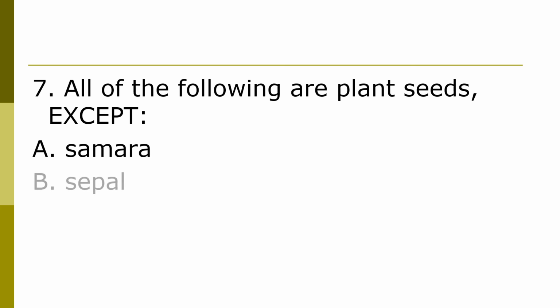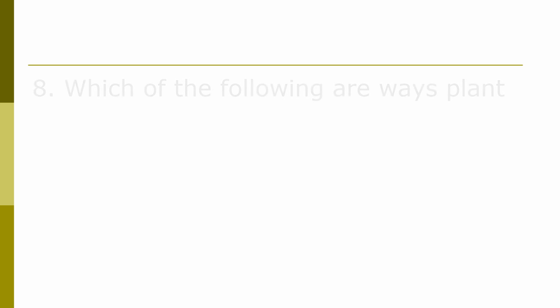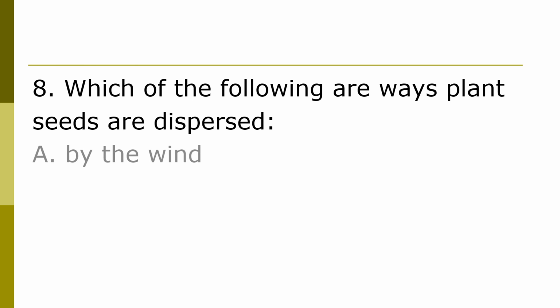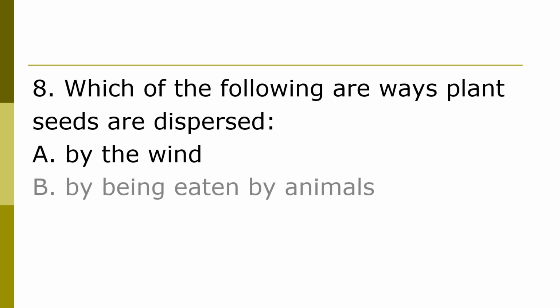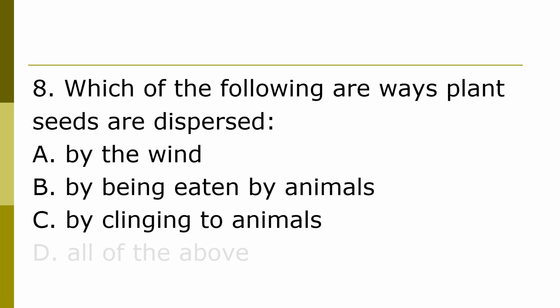A, samara. B, sepal. C, coconut. D, akinete. And for number 8, which of the following are ways plant seeds are dispersed? A, by the wind. B, by being eaten by animals. C, by clinging to animals. D, all of the above.